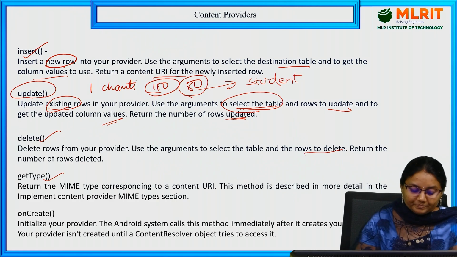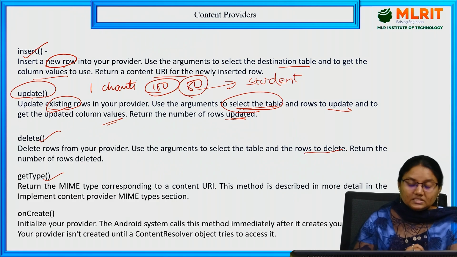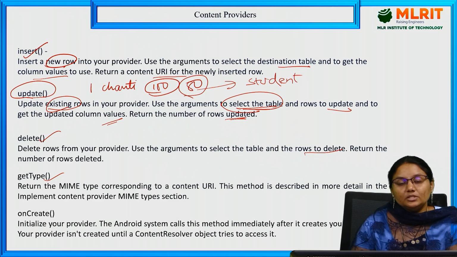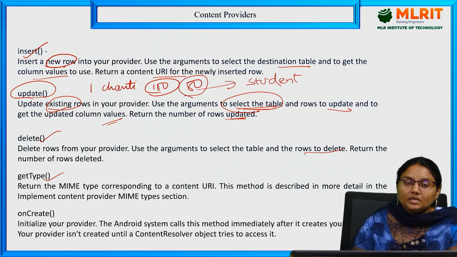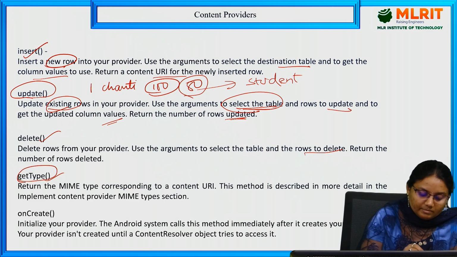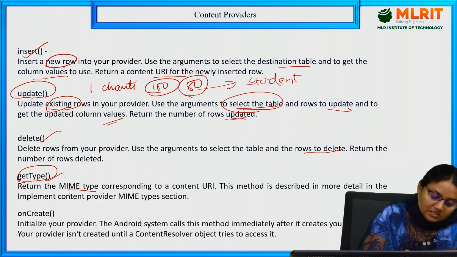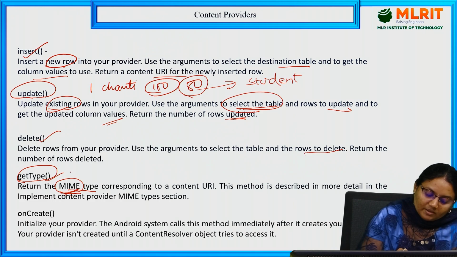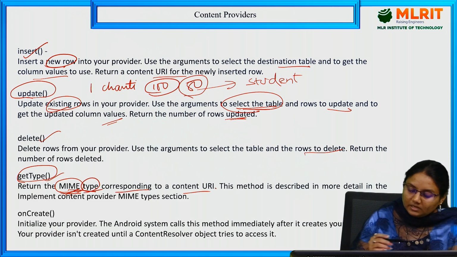Next, getType. GetType means what is the type of data. Suppose if it is an audio file, MP3. If it is a video file, MP4. Whatever the file extension is, based on that, to know what the type of data is, you use getType. It returns the MIME type. MIME is multi-purpose internet mail extension type corresponding to the content URI.